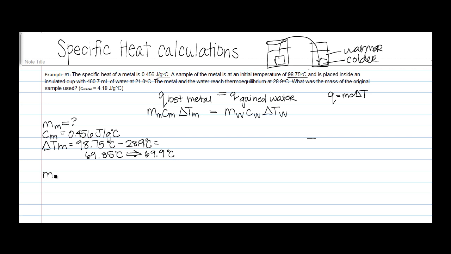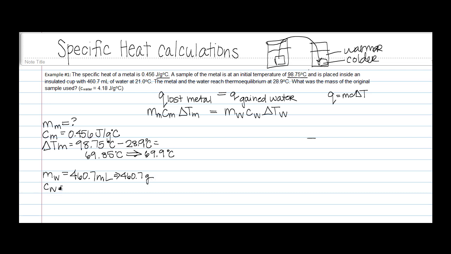Now I have the mass of water, and it says 460.7 milliliters, but remember, with water, only water, 1 gram of water is equal to 1 milliliter, so that's the same thing as saying 460.7 grams of water.